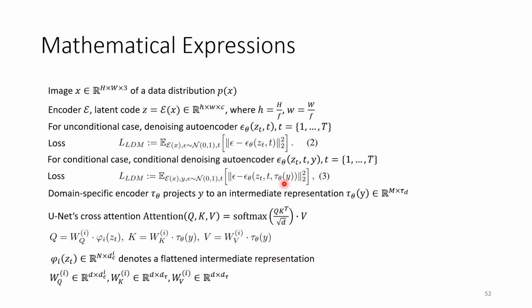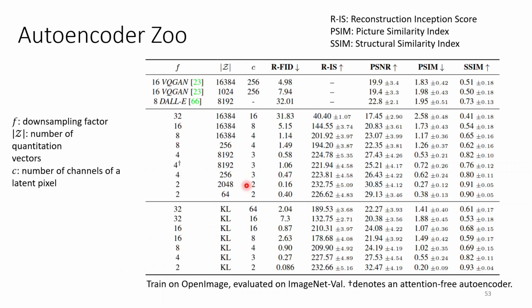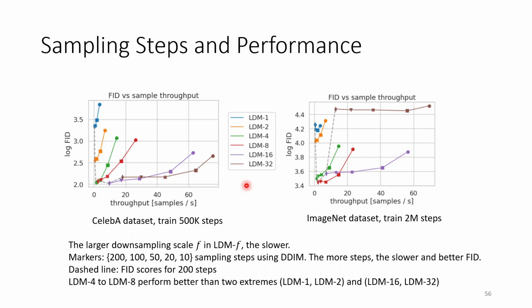They need to learn the epsilon theta: given a latent code and a step number, they need to predict the noise value. For different settings, from 200 to 10 steps, from the same setting you can see different results.